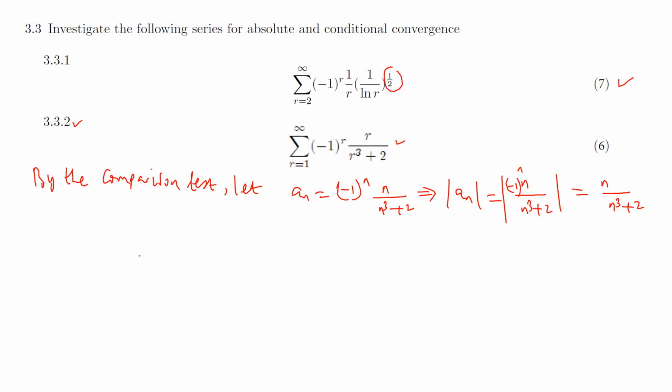Then you choose bn by taking the highest degrees, so n over n cubed, which becomes 1 over n squared.